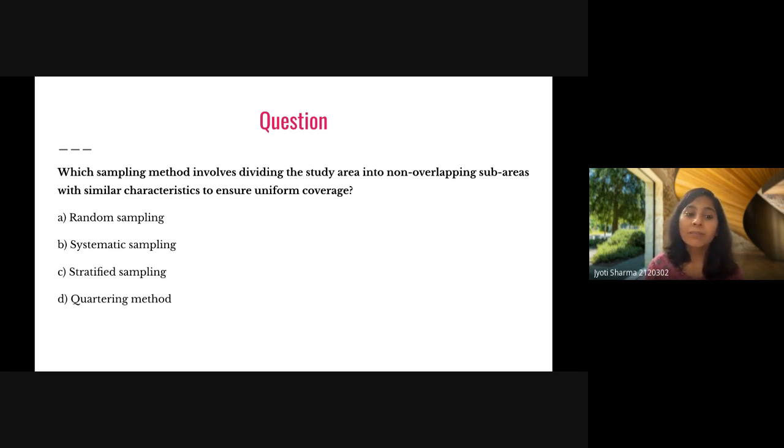Which sampling method involves dividing the study area into non-overlapping sub areas with similar characteristics to ensure uniform coverage? So that will come under what kind of sampling? Mithur gave me the C answer, that is stratified. Yes, so the answer will be C.